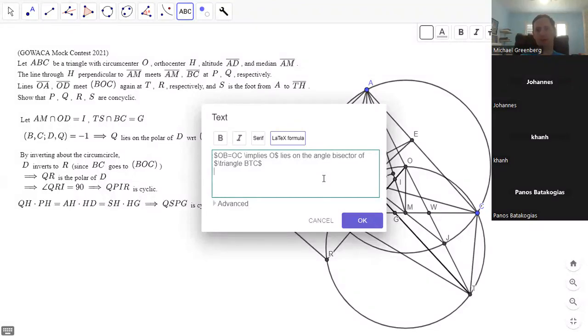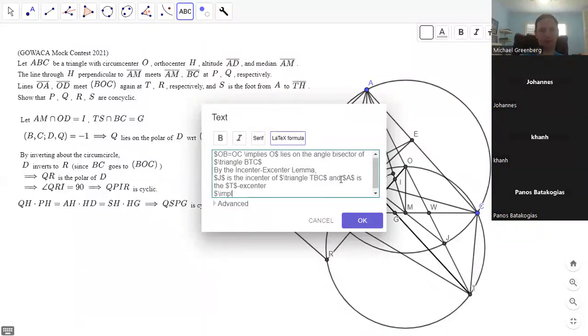And then by the incenter-excenter lemma, J is the incenter and A is the T-excenter.